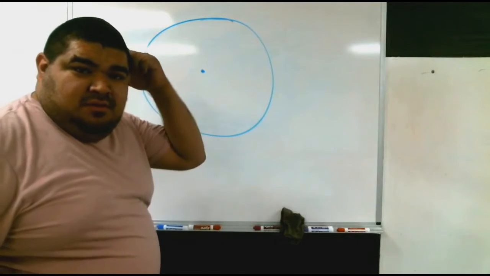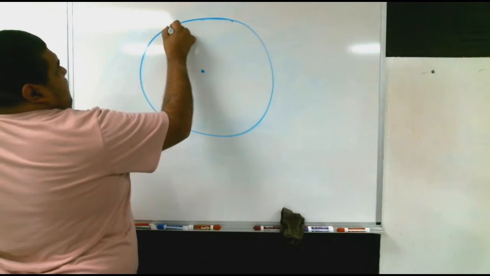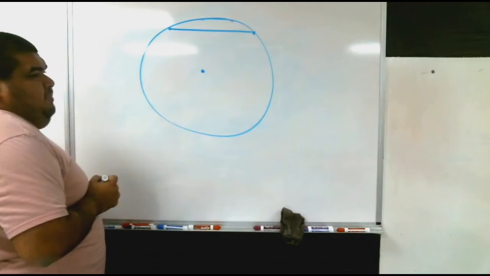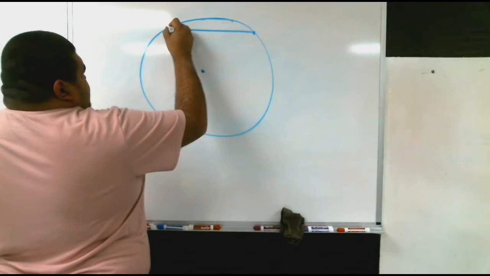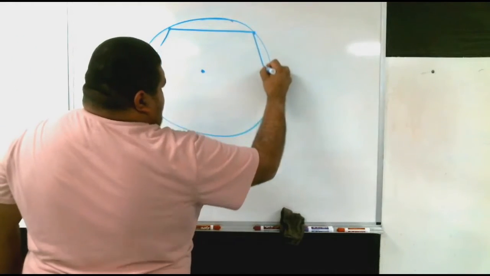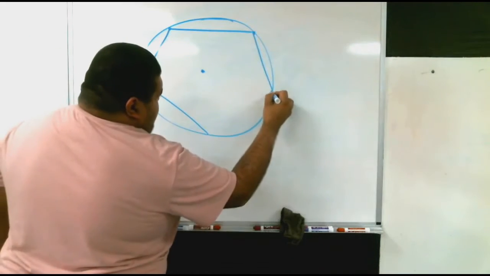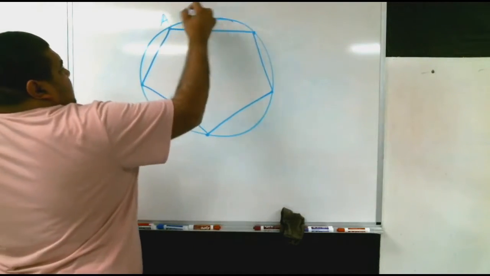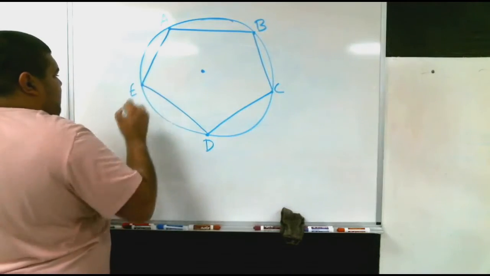This time, we're going to do a pentagon. Let's see if it goes from here to here, from here to here, then from here to here, from here to here. We have A, B, C, D, and E.